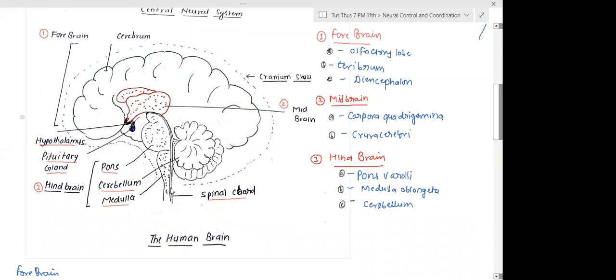Now this last part, the medulla, remains connected. The medulla connects our brain with the backbone, the spinal cord. The spinal cord starts from here. Got it? Okay, so the medulla stays attached to the spinal cord.